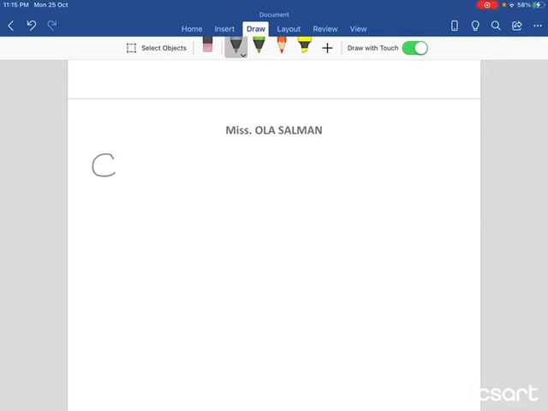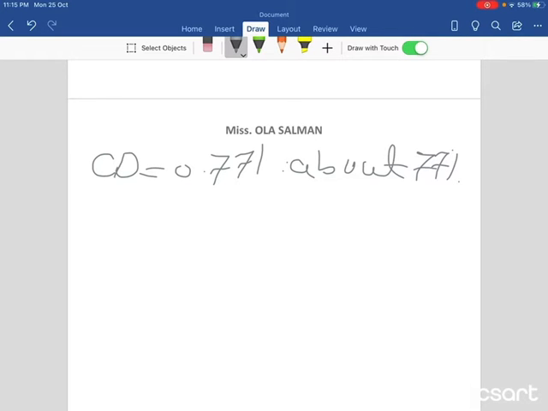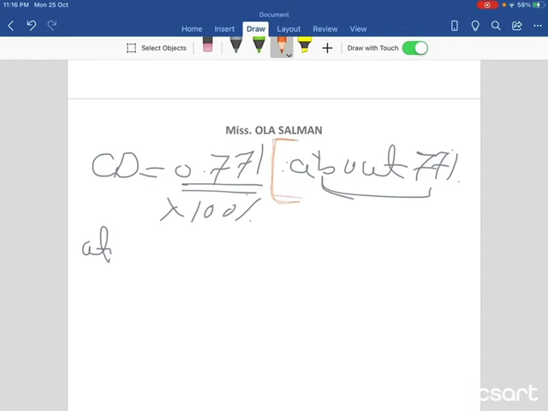When you find CD, it is equal to 0.771, so it is about 77%. How do you calculate it? You take this and multiply it by 100, and you will find this. So you will write: about 77% of.